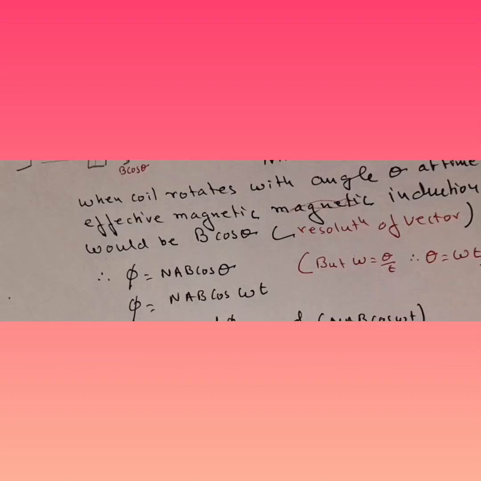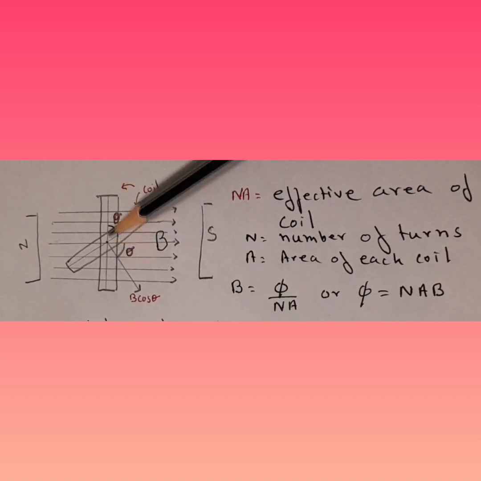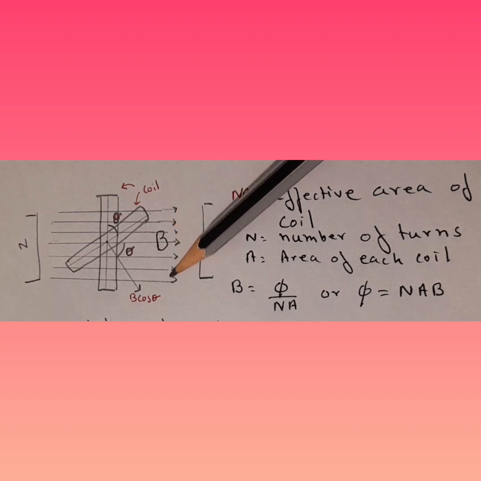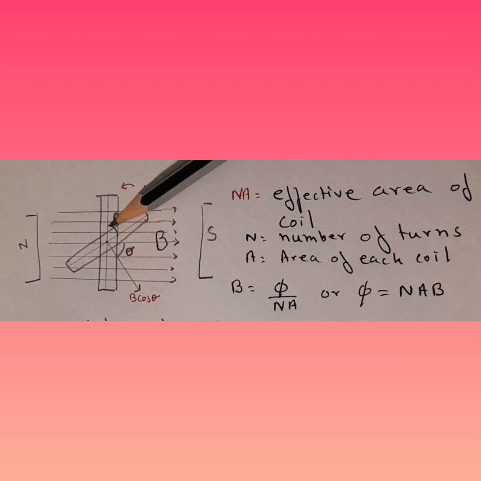Now see, when the coil is over here, it is 0. It would be maximum when the coil moves and comes here like this, at 90 degrees. Then it goes to 180 degrees when the coil rotates and comes to 180 degrees over here.